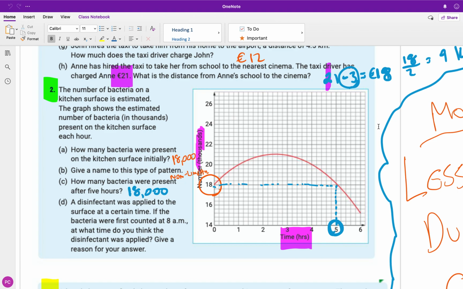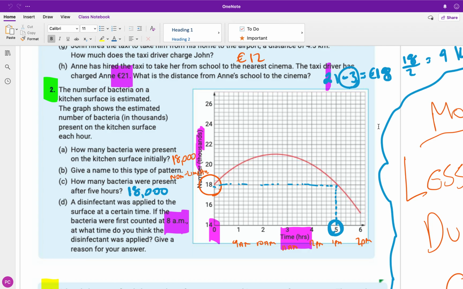What they're saying is that the start is 8 a.m. So this here is going to be 9 a.m., 10 a.m., 11 a.m., 12 p.m., 1 p.m., and 2 p.m.